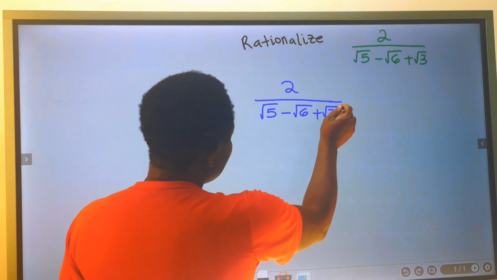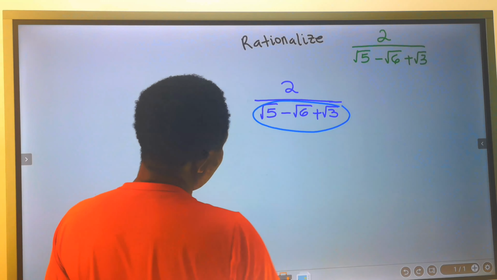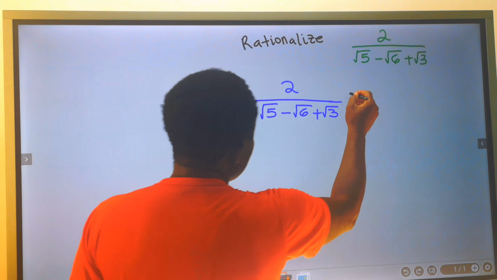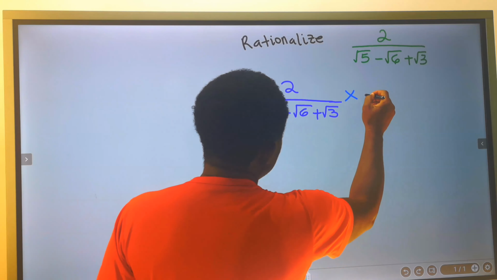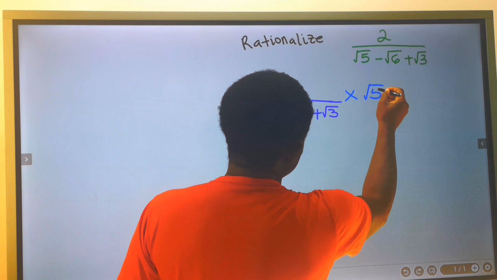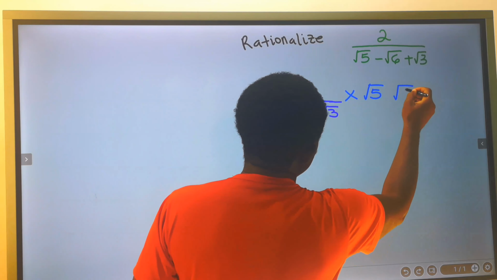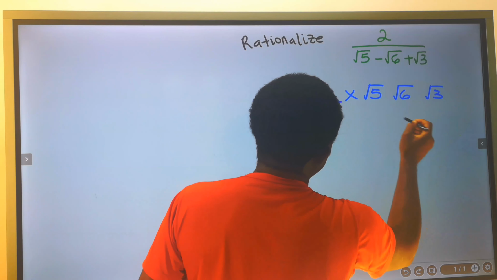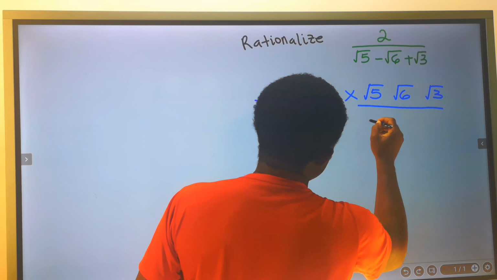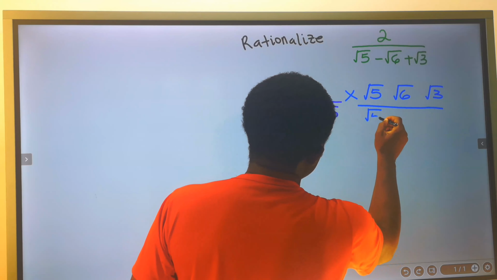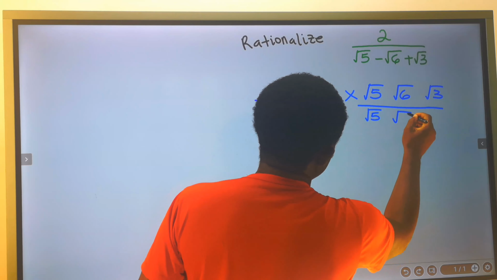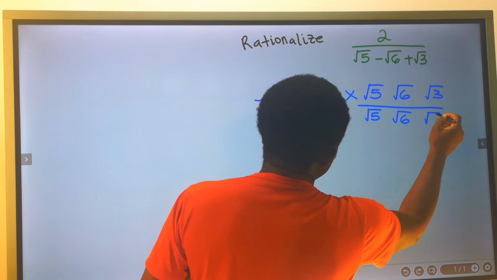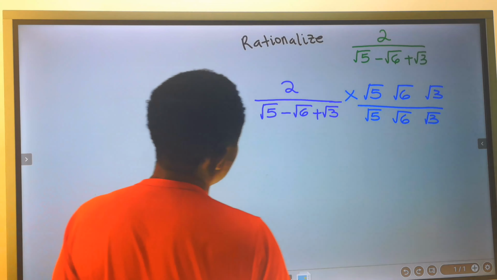Next, we're going to consider this denominator and multiply this with root 5, and this is root 6, and this is root 3. Also at the denominator, this is root 5, this is root 6, and this is root 3.